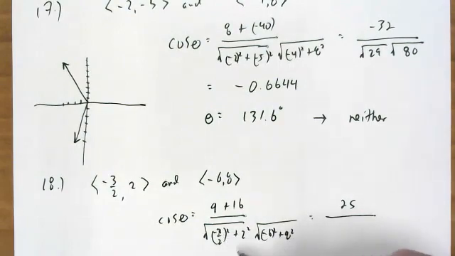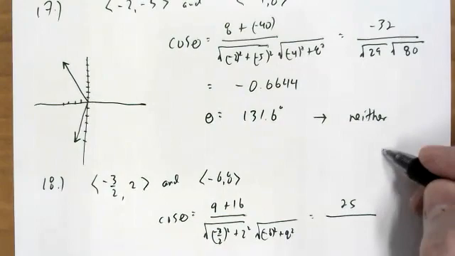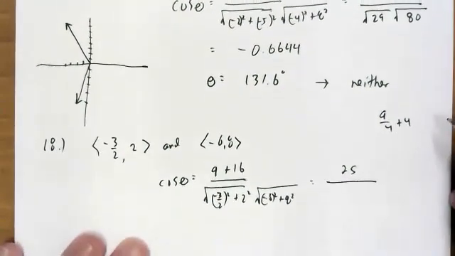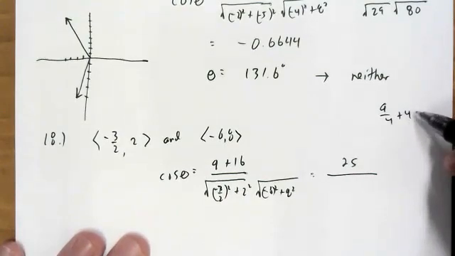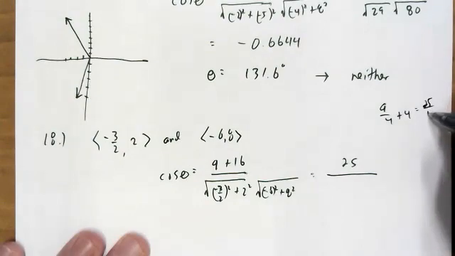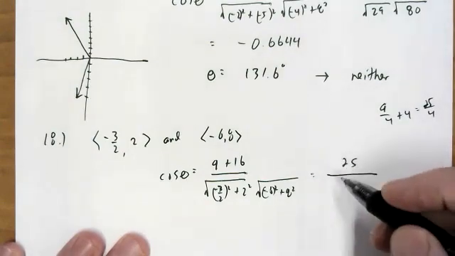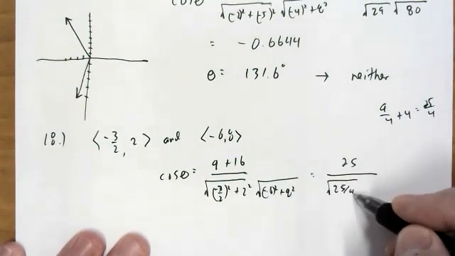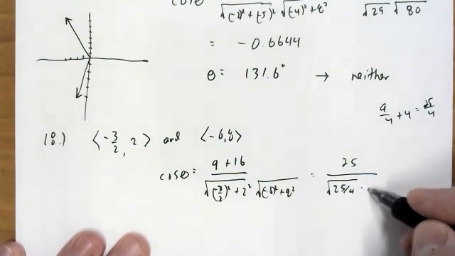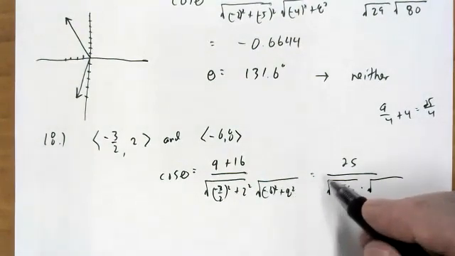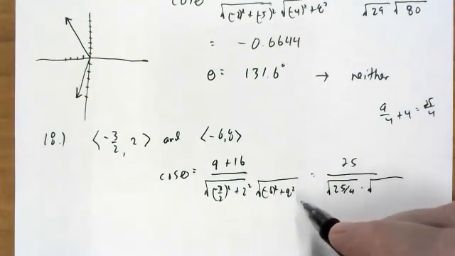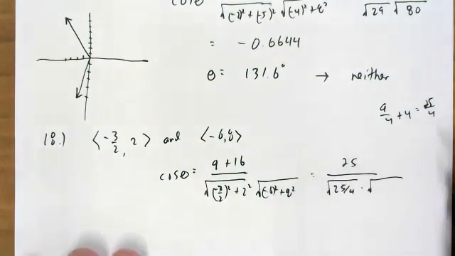So this is 9/4 plus 4, 16, I think this is 25/4. 25/4 times 36 plus 64, I think is 100.